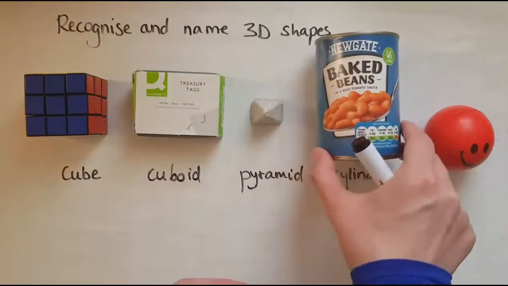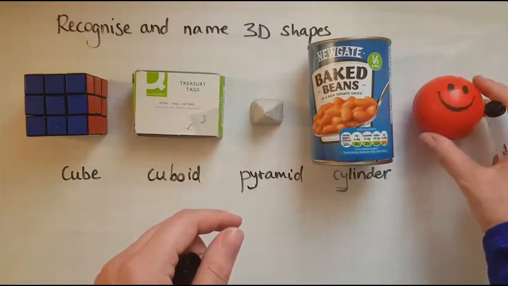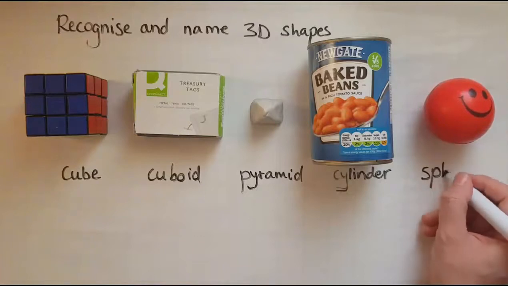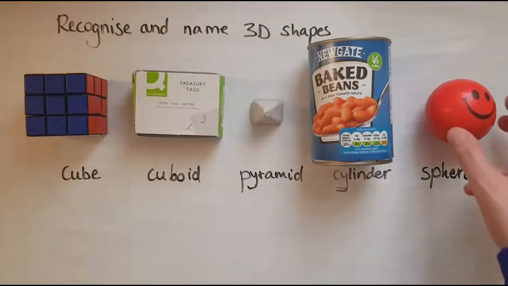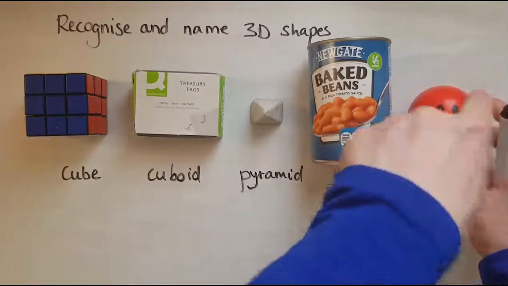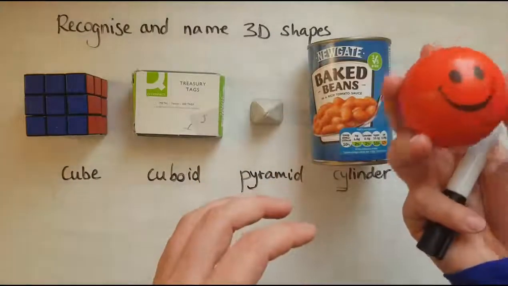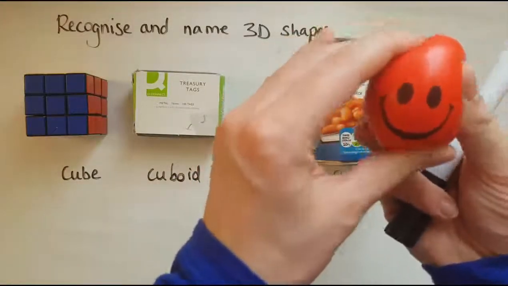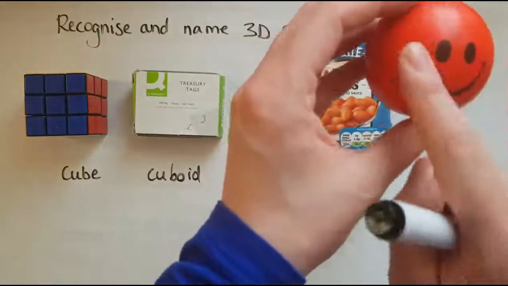And finally, we have this shape which we call a sphere. So it is like a circle. The sound links to a circle, because if you were to draw this, it's going to look like a circle as well. But this has the shape of a ball. It's three-dimensional, so it's like a ball. This is an anti-stress ball, and it's got a smiley face on.